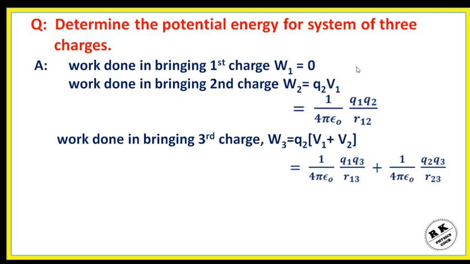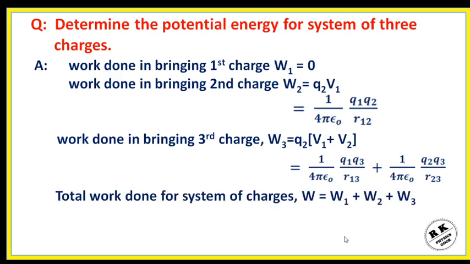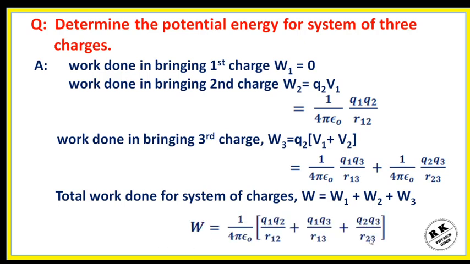Here the system of these charges is present in vacuum. It is not mentioned in the question, but it is assumed that they are present in vacuum. That's why we have used epsilon naught. Now the total work done will be the summation of these two equations. So if we write this, it will be like this.